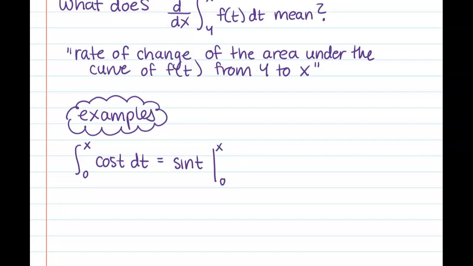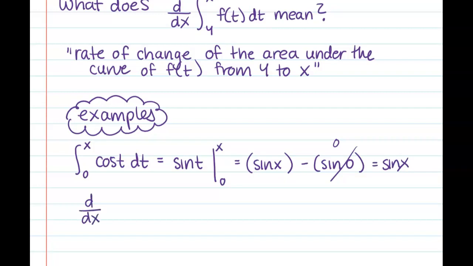We're evaluating from 0 to x. So we get sine of x minus sine of 0. That's just 0, right? So we get sine of x. The derivative of sine of x is cosine of x.